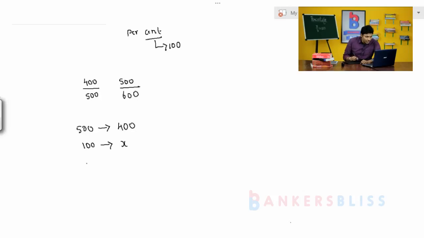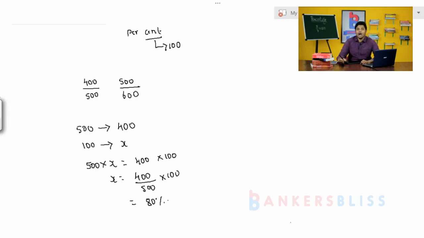You cross multiply: 500 into x is equal to 400 into 100. Therefore x is equal to 400 by 500 into 100. After simplifying, you are going to end up with 80%. Let us do the same thing for the other fraction also. For 600, you are scoring 500.